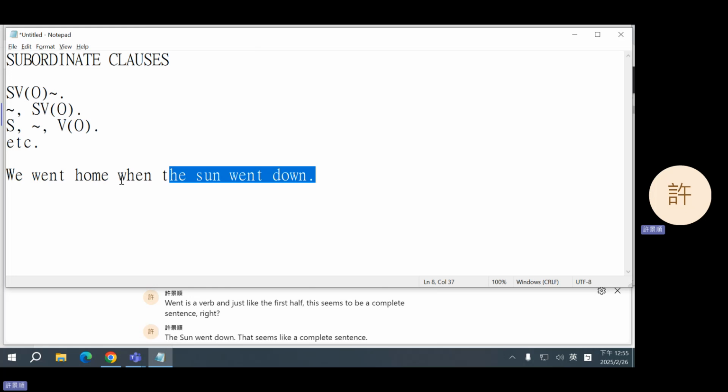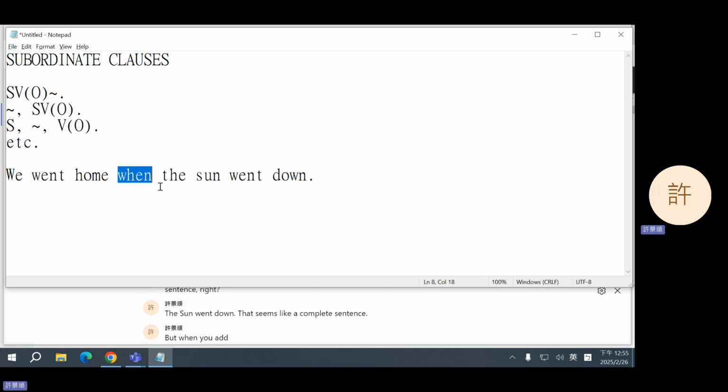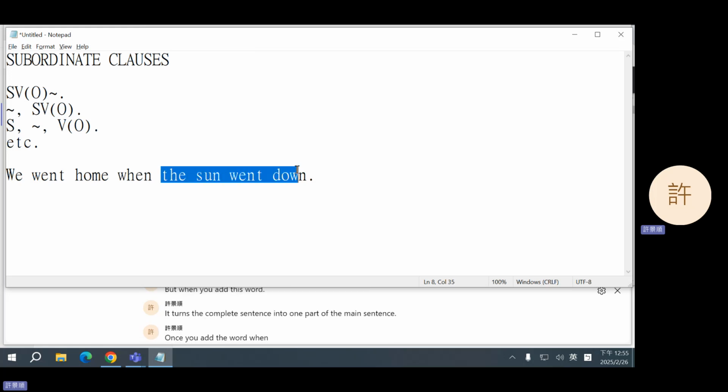But when you add this word, it turns the complete sentence into one part of the main sentence. Once you add the word when, this thing becomes a time. So when you add the word when, this complete sentence becomes a subordinate clause.